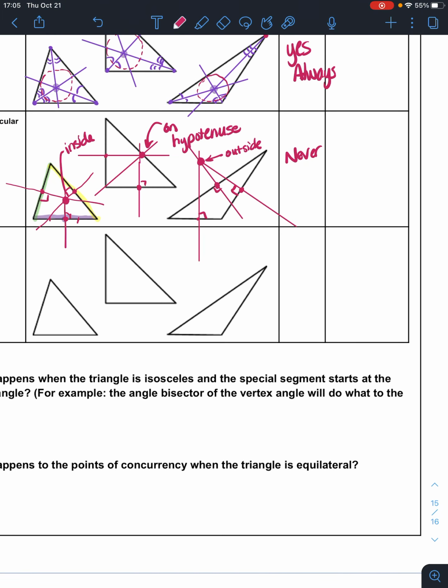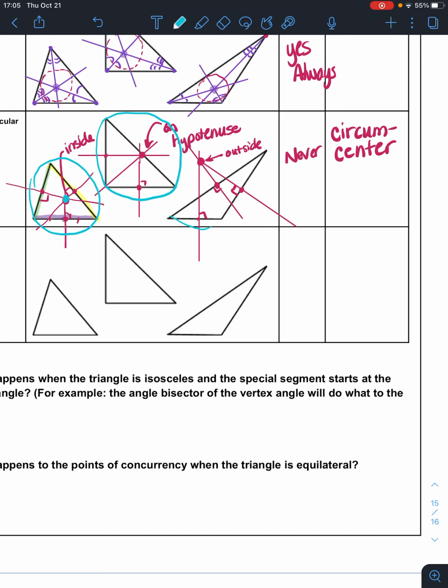Circumcenter. Circumference, remember circumference means around. So circum means around. So what we just found is the center of the circle that will let me draw a circle around the triangle so that all the points of the triangle are on the circle.